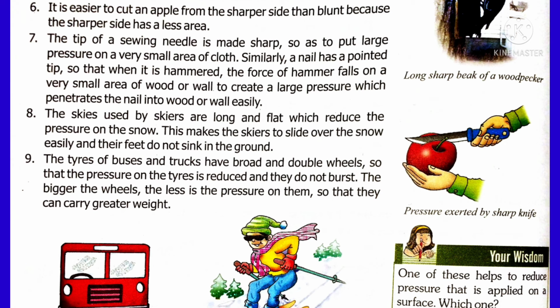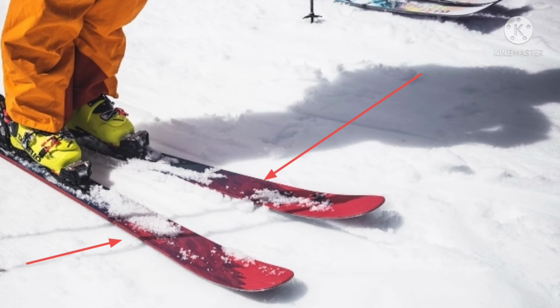You know that it is easier to knit or stitch a dress with needles. See, if the pointed needle is broken, it is impossible to stitch, because the pointed, sharp, less area provides more pressure, so it pierces into the cloth. We can stitch easily. Skis are used by skiers on a flat surface in order to reduce pressure on the snow, so they slide over the snow very easily without any difficulty.